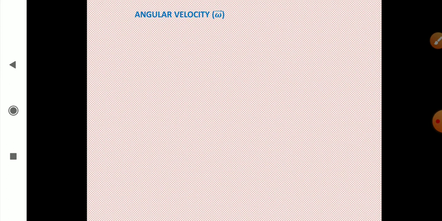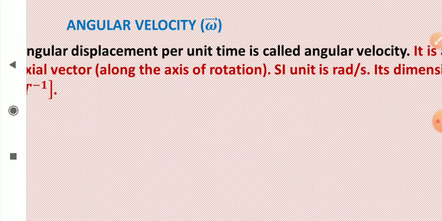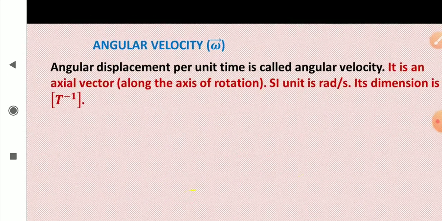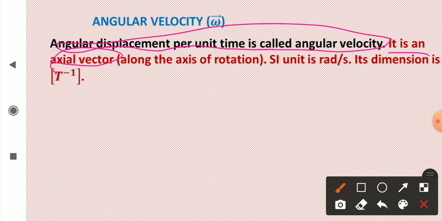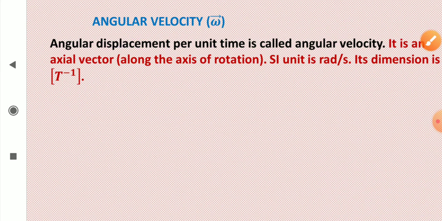Now, next definition is angular velocity. The way we have linear velocity, we have angular velocity also. Angular displacement per unit time is called angular velocity. This is also an axial vector and it acts along the direction of the axis of rotation. Since it is angular displacement per unit time, its SI unit is radian per second, and its dimension will be T raised to the power minus 1.